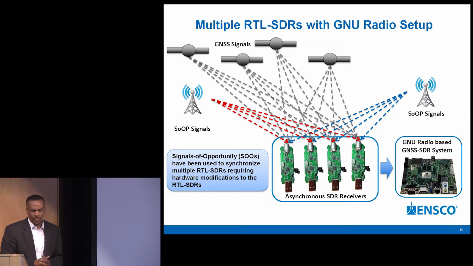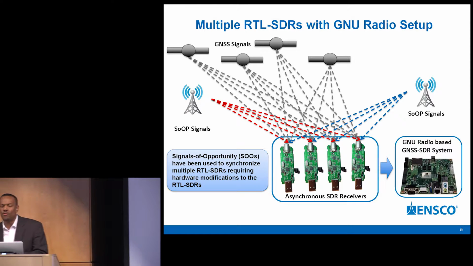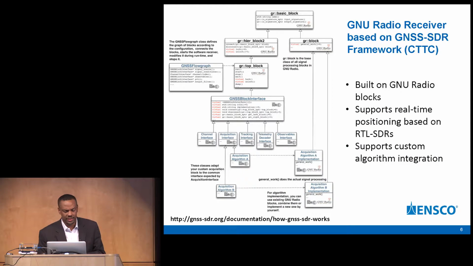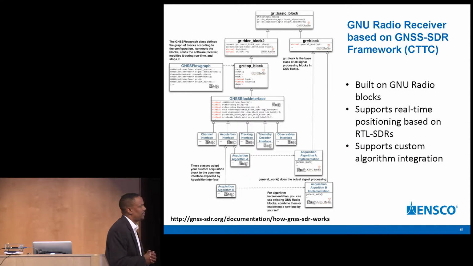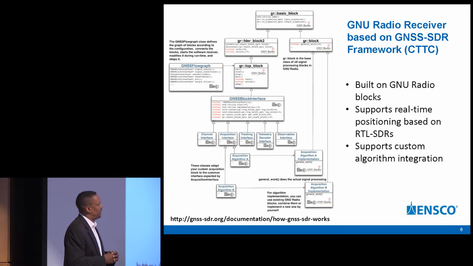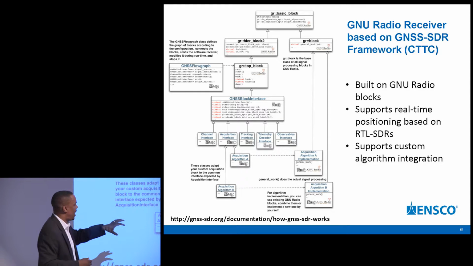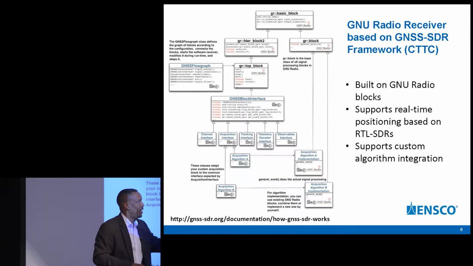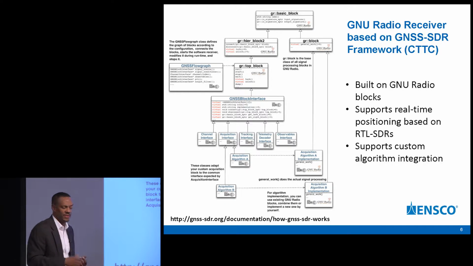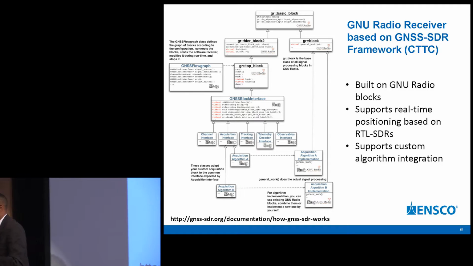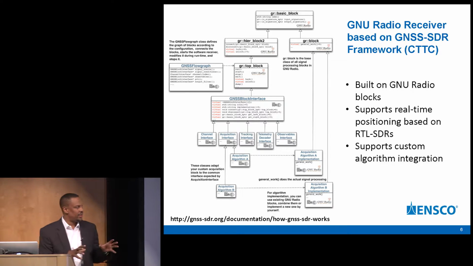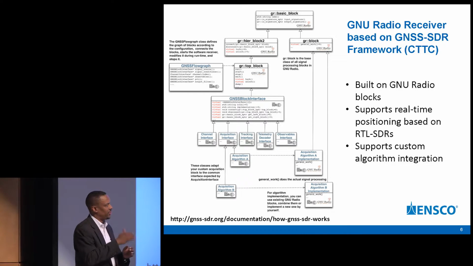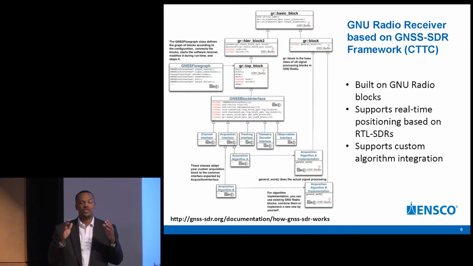And so from that, I started going down this research area, and I got exposed to the GNSS-SDR framework. Now, this framework allows you to implement your own algorithms, and again, it's based on the GNU radio framework. What they've done is take all the complications of having a GPS receiver, mapped it, used GNU radio as the framework, and allow you to go through the different segments or aspects of a GPS receiver.